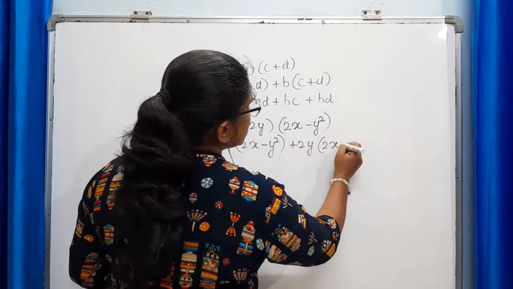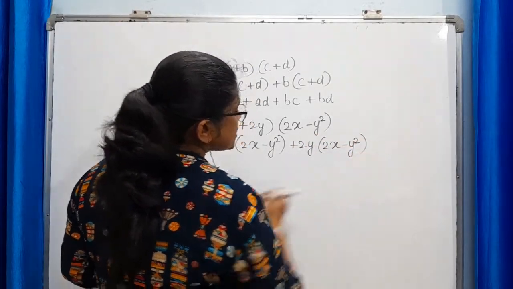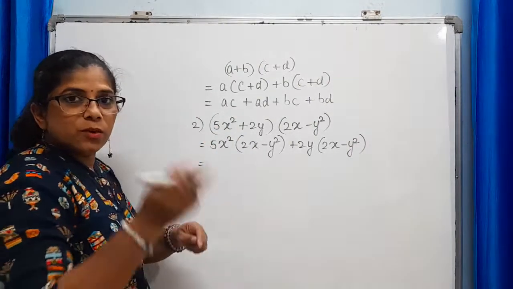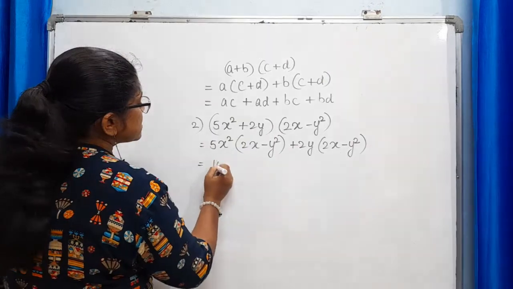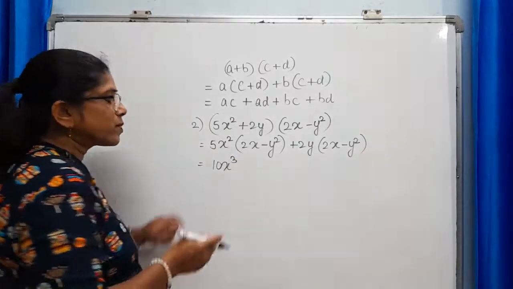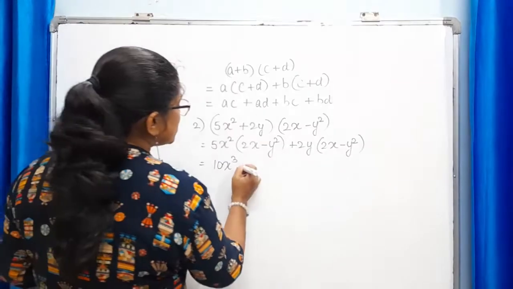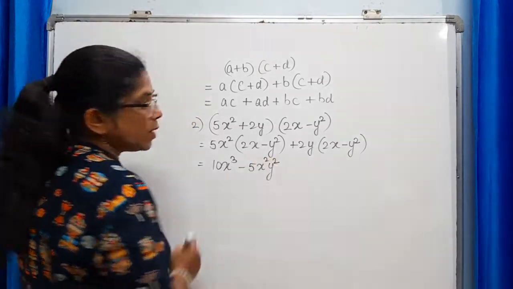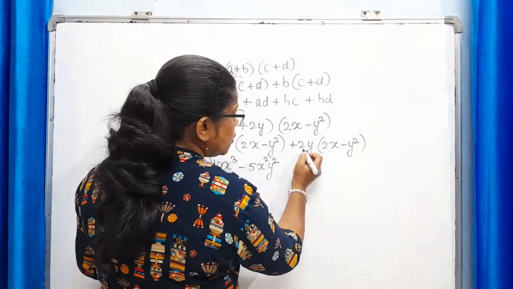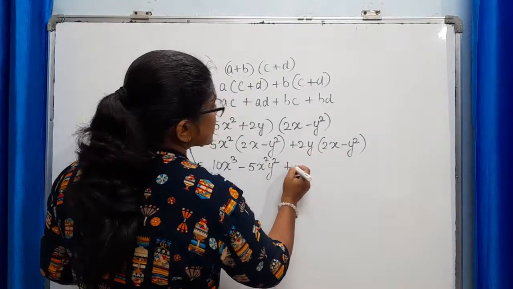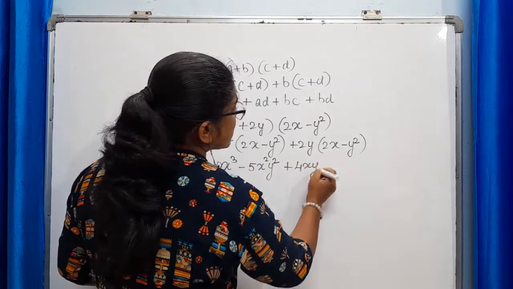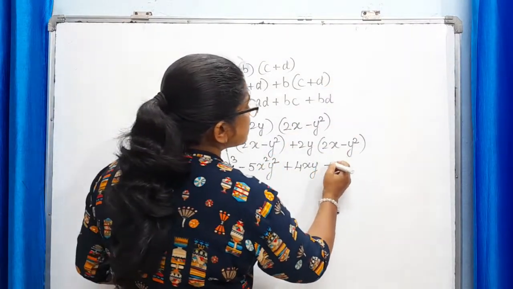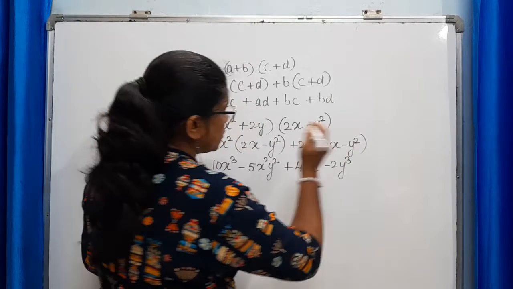We have to multiply with this bracket 2x minus y square. 5x square into 2x is 10x cube. 5x square into minus y square is minus 5x square y square. Here 2y into 2x is plus 4xy, and 2y into minus y square is minus 2y cube.